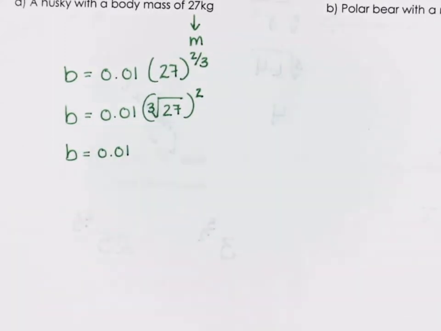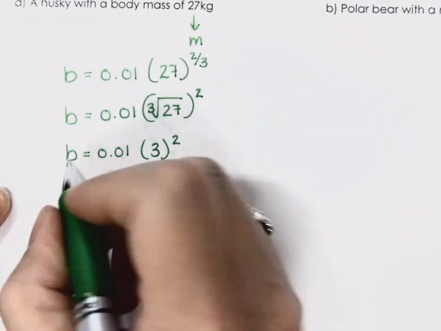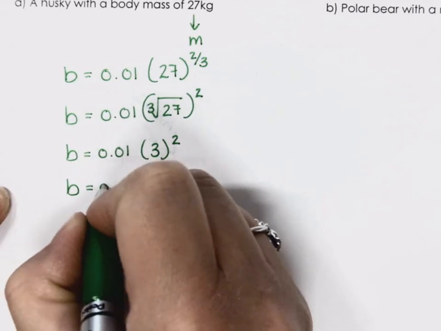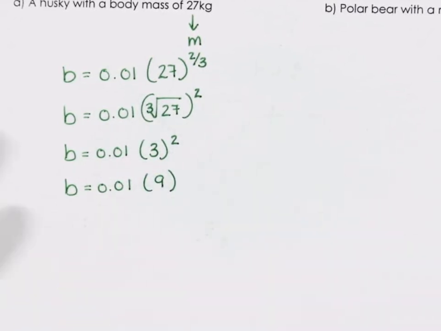So what's the cube root of 27? 3. And 3 squared is 9. We agree with that?